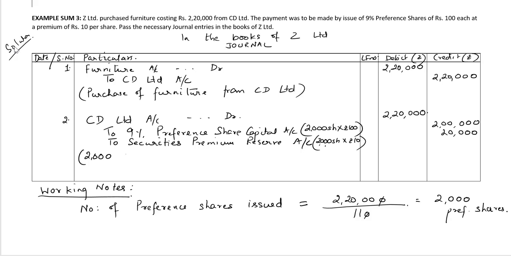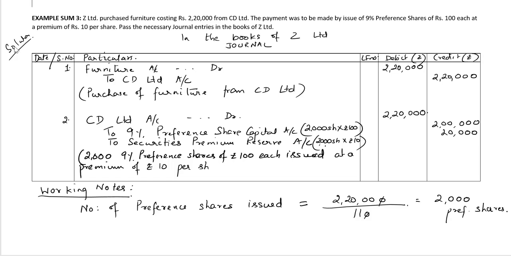The narration is for 2,000, 9% preference shares of rupees 100 each, issued at a premium of rupees 10 per share for consideration other than cash.